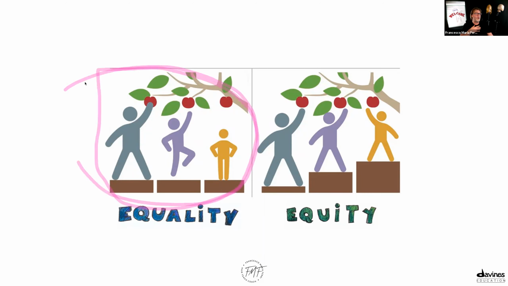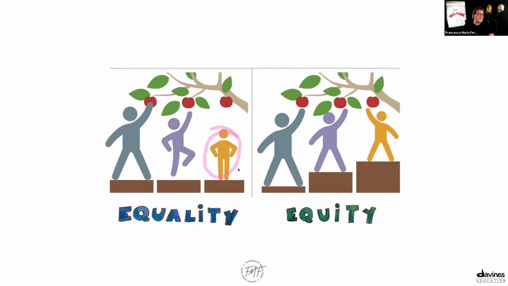It's like equality, because you're giving each stylist the same opportunity. Yes, it's true, but are the stylists starting from the same level? That is my question. Are the stylists that you're managing all at the same level, or at different levels?